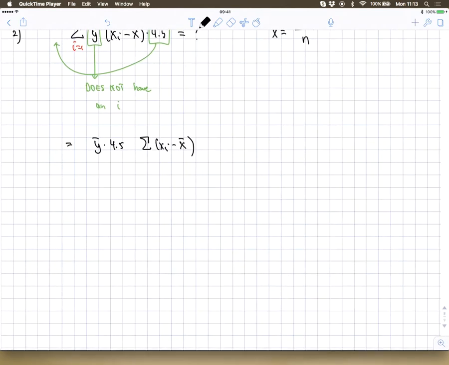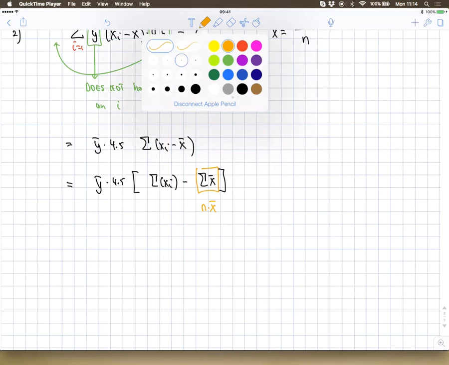Okay? Now, here's one thing that you should know. y bar times 4.5, this can be rewritten as sum of xi minus sum of x bar. Everybody's with me? Now, can anyone tell me what is the sum of x bar? n times x bar. Here's one thing that you probably don't know.